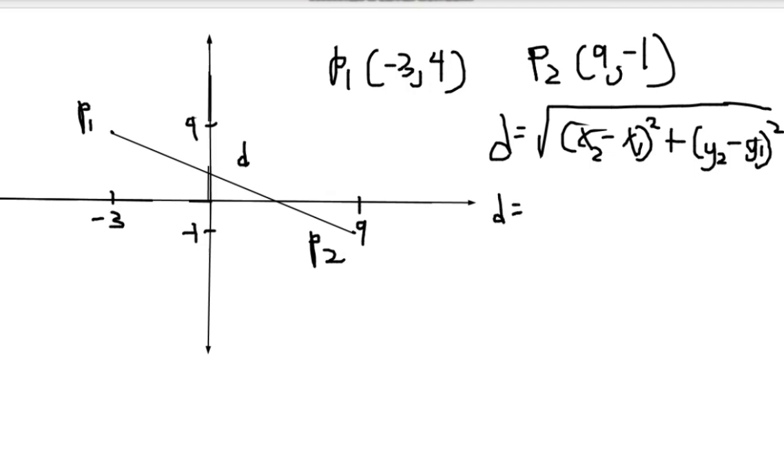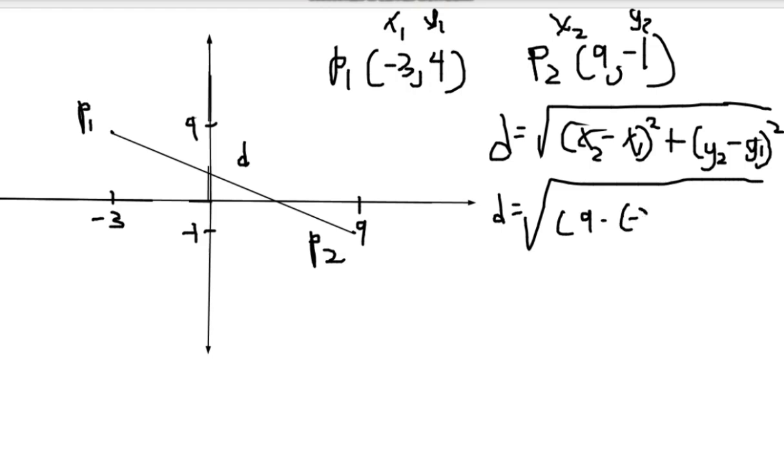So let's assign the x sub 1 and x sub 2. x sub 2 is 9, x sub 1 is negative 3, squared, plus y sub 2 is negative 1 minus 4, squared.